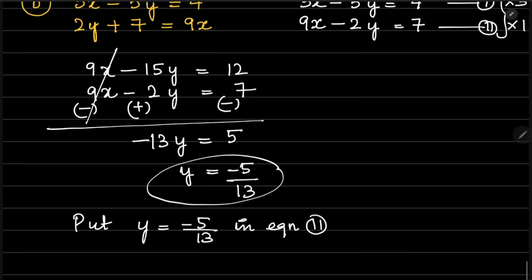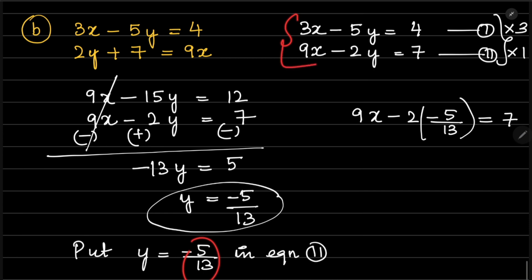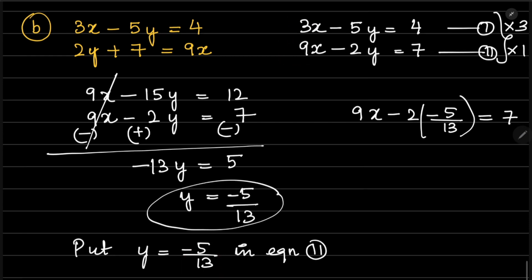So what is it? 9x minus 2, in place of y, what will I put? Minus 5 by 13, because I've just found it out, equal to 7. Okay, so you're just putting y equal to minus 5 by 13, whatever you have just found, you can put it in any one of the equations. Whichever equation you put, you will still get the same answer.